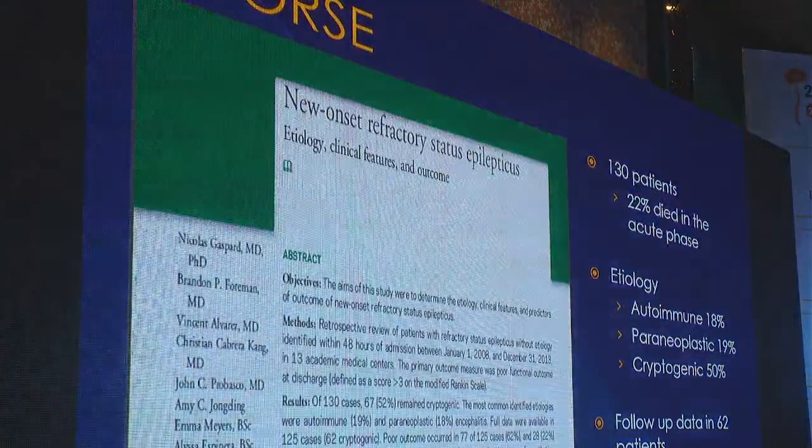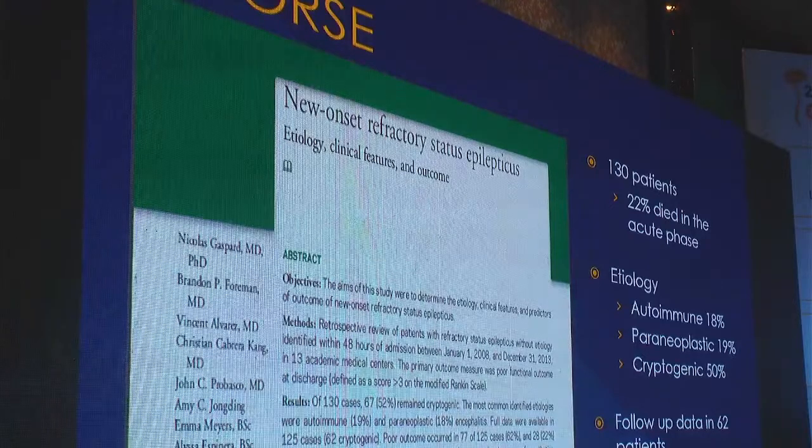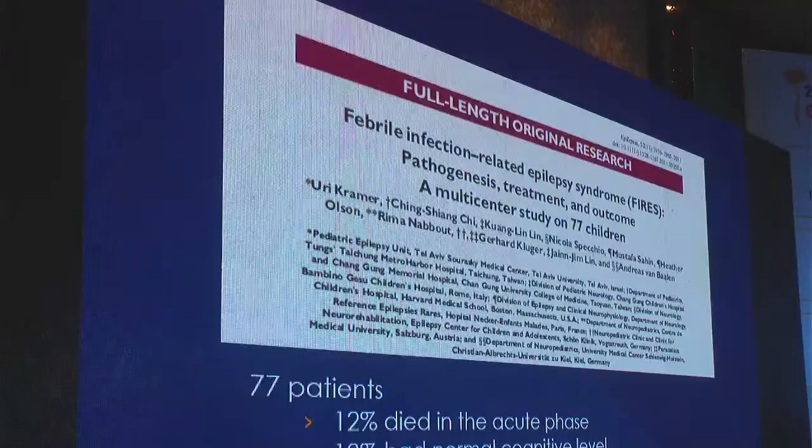So these are some situations where one deals with super refractory status, that is NORSE, and the other condition is FIRES. And all of us may have come across an odd patient where there are no rules, no trials, nothing available to tell us what to do. These can be highly fatal if not managed adequately, and also lead to a lot of long-term consequences.